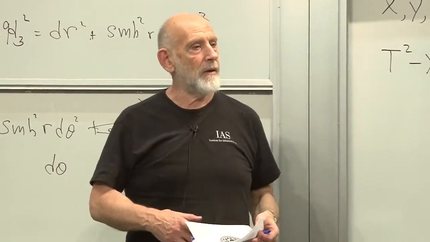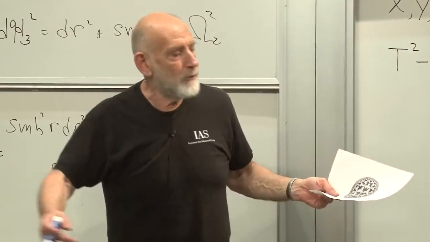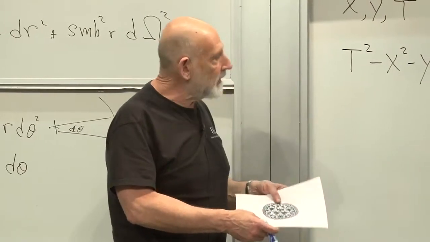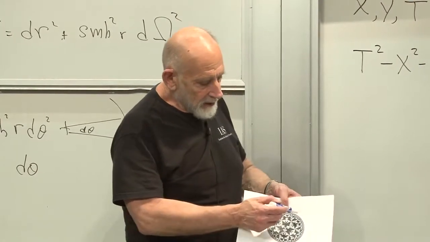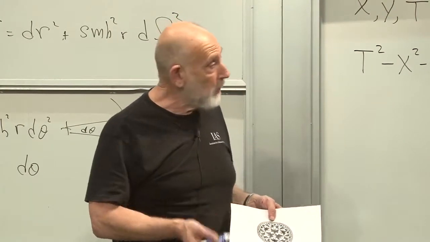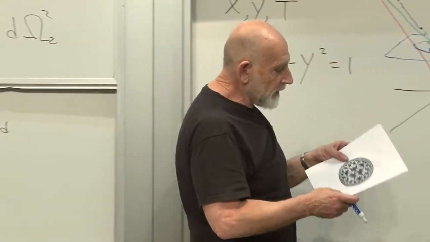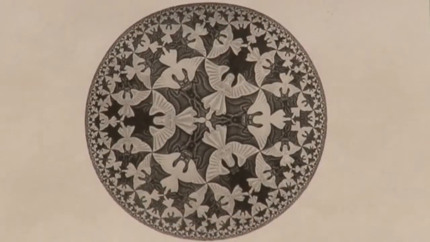The sphere, you spread it out on the plane, everything far away was much too big. The hyperbolic geometry, things far away look much too small. But when you look at this picture, you're supposed to think in your mind that every angel and devil is exactly the same size as every other one.